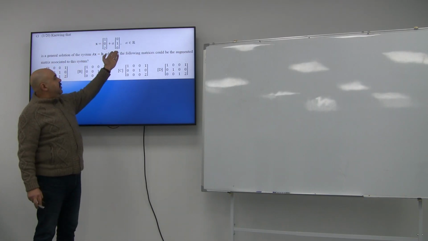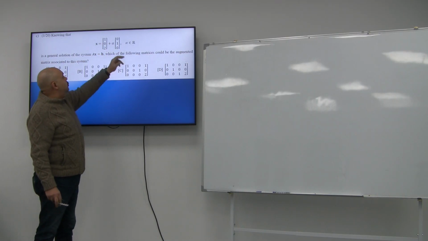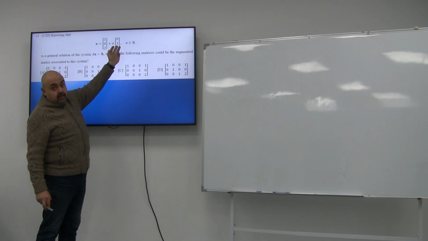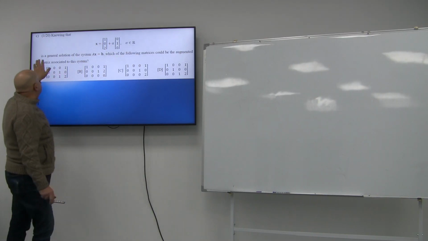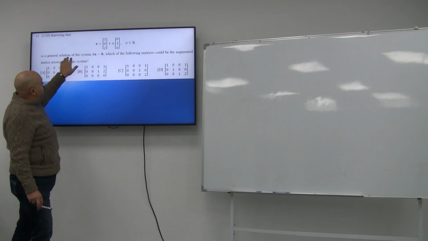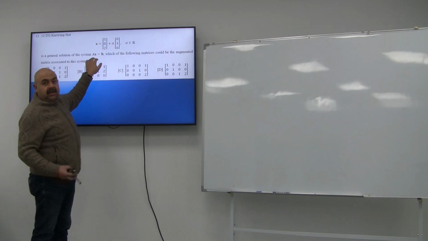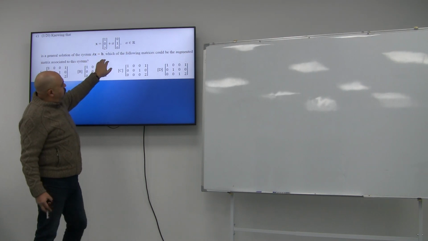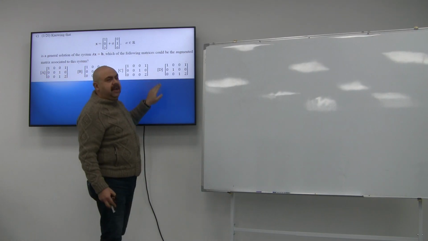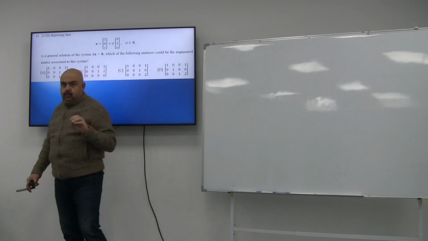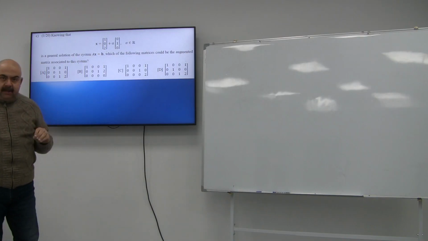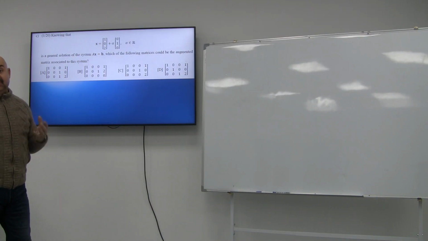This is why you have the null solution here in front of you, 0, 1, 0. And he's asking you, is this a general solution of a system AX equal B? So it's a solution for a certain system of equations. Which of the following matrices could be its augmented matrix? Which one of these matrices could be the augmented matrix of this system?